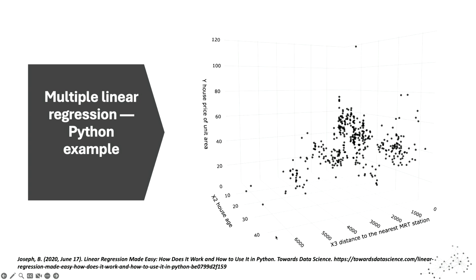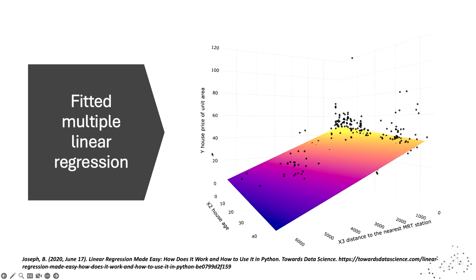Based on these two variables, we want to predict the house price of unit area. Our multiple linear regression model is created using the same steps as with the linear model.